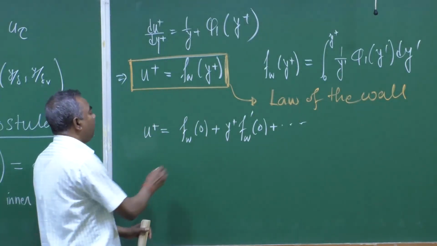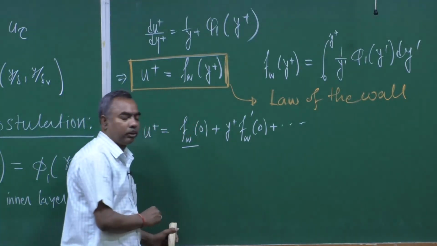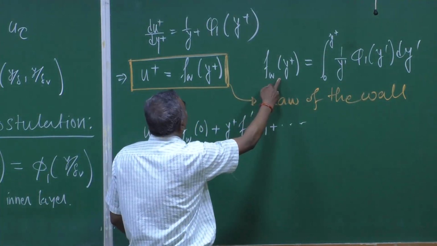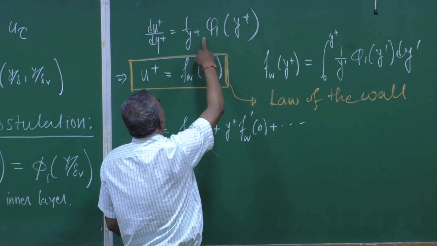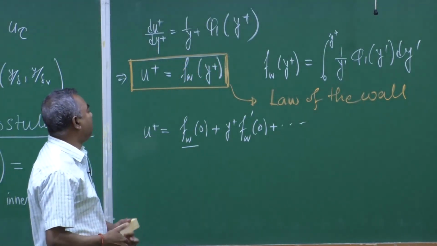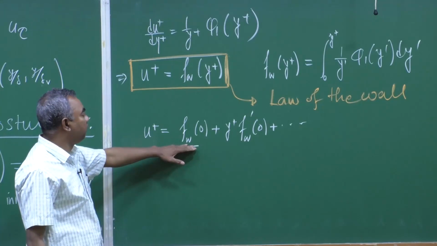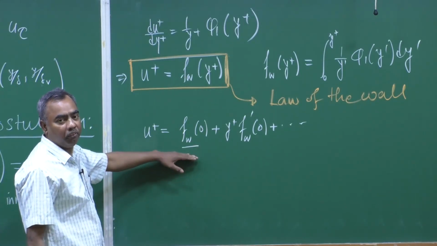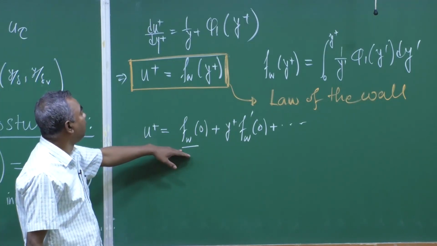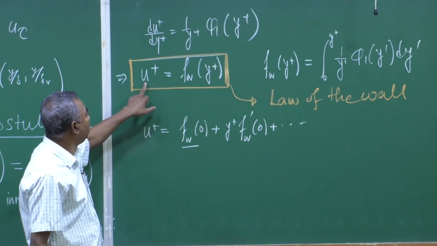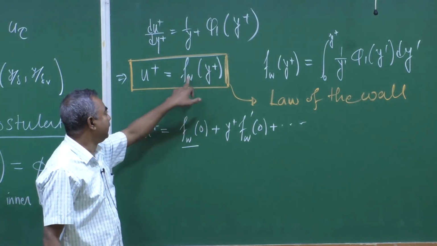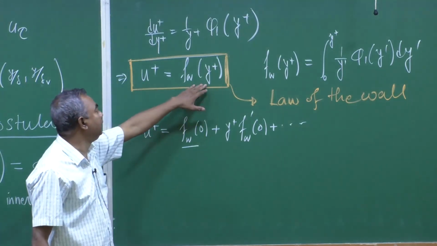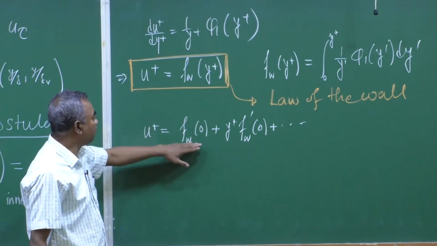Using the no slip boundary condition at the wall, this particular quantity at y plus equal to 0 is going to be 0, because f_w of 0 is equal to u equal to 0 at y equal to 0.